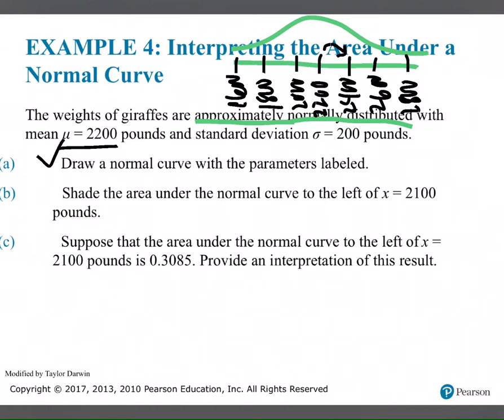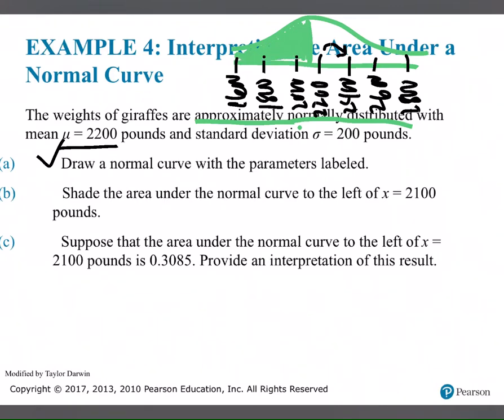It says shade the area under the normal curve to the left of 2100. Okay, so 2100. I've got 2000 and 2200, so 2100 is somewhere between them. And it says shade to the left. Okay, all of that.